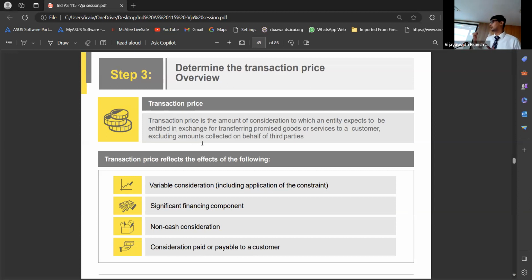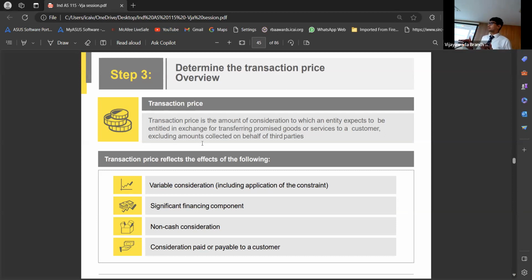So there is a sense check prescribed in the standard. If it is a distinct good and service, and the price that you are collecting exceeds the fair value of that particular mobile phone, which means the other sale consideration, something is wrong with that. That sense check you are supposed to do before accounting. That is the guidance given in the standard.